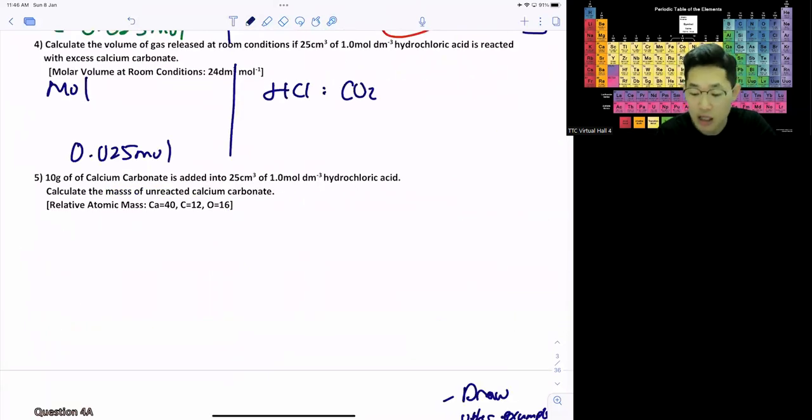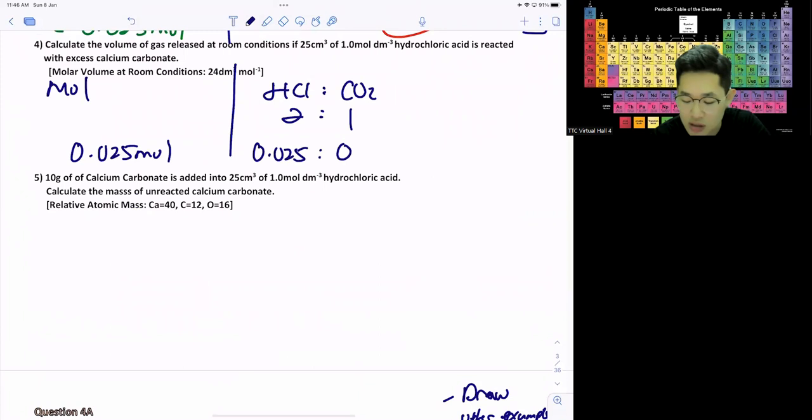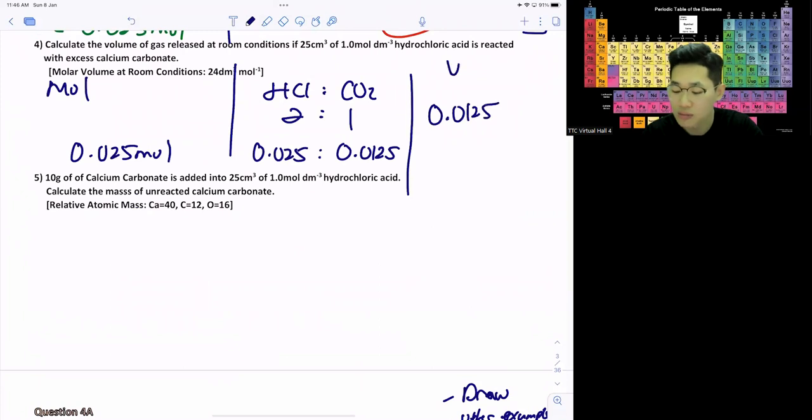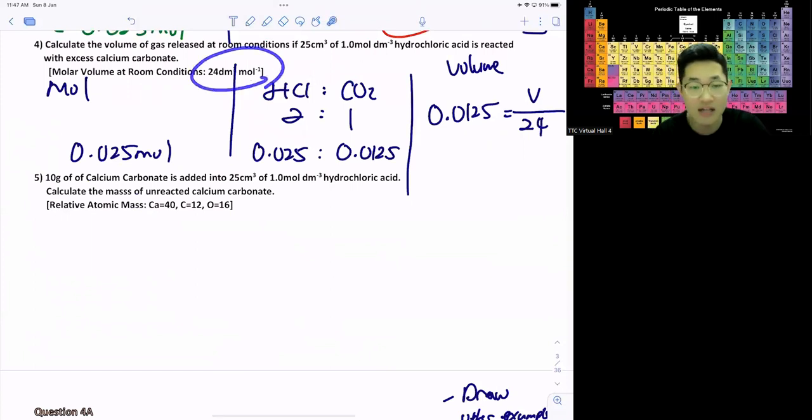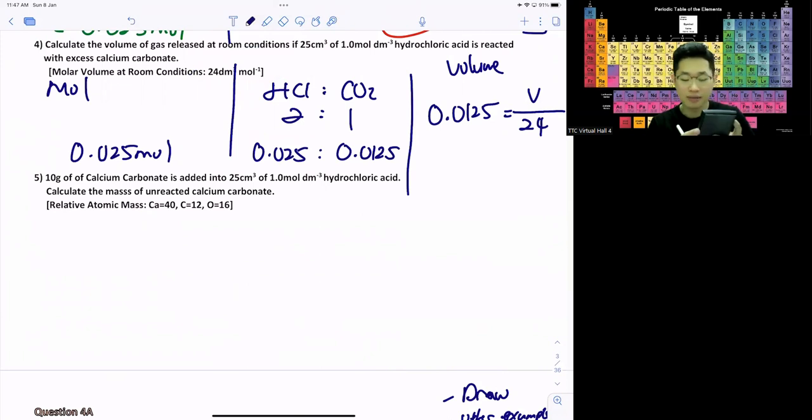So according to the equation, it is 2 to 1. 0.025 is to 0.0125. To find the volume, we use the formula volume over molar volume. Molar volume is already given, 24. So you are going to get 0.3 dm3, like that.